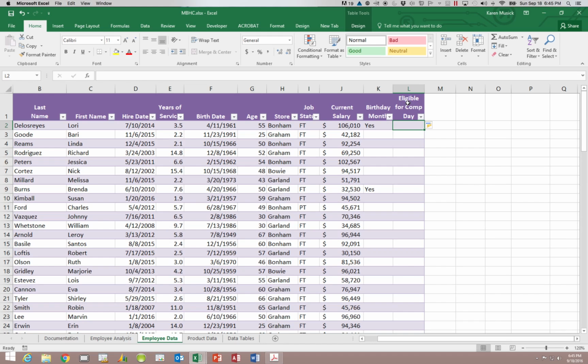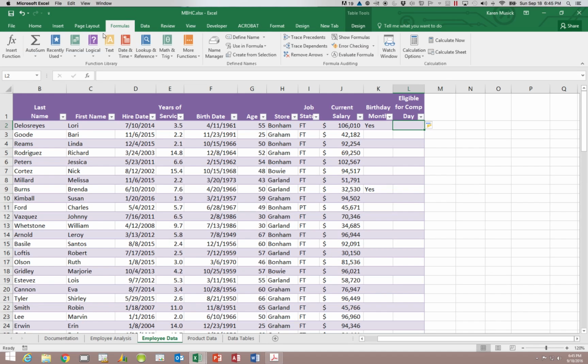Now remember, when we enter these formulas, you always want to click on the cells in the same row. You will see the structured references being included in the formulas. So we're going to start out on our formula tab under logical, and we're going to choose an if statement.